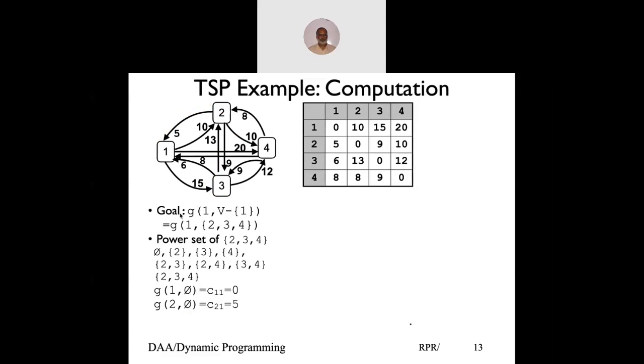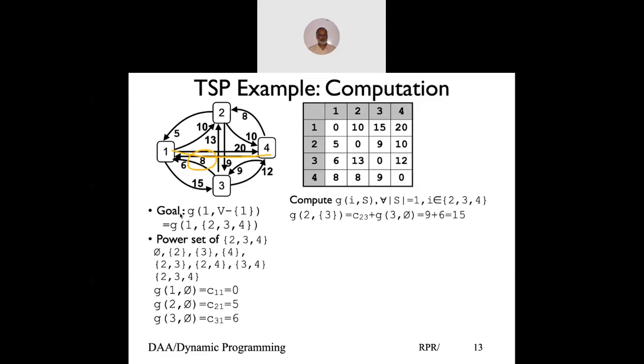Similarly, G(3, empty) is from 3 go to the empty set and come back to 1, meaning come straight from 3 to 1. So G(3, empty) would be 6. And similarly, G(4, empty) means from 4 come to 1. This is 8.